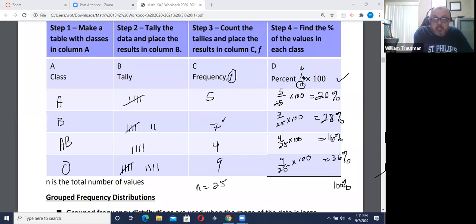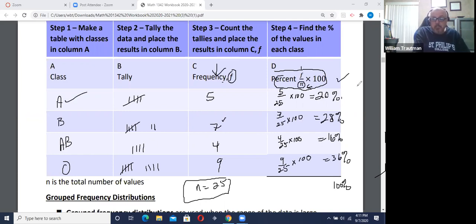The percentage equals the frequency in this category divided by the total number in the sample, when you add up all the frequencies, times 100, and you'll get the percentage in each category. Type A blood has 20%. 20% of the people have type A. 28% have type B, 16% have type AB, and 36% have type O.